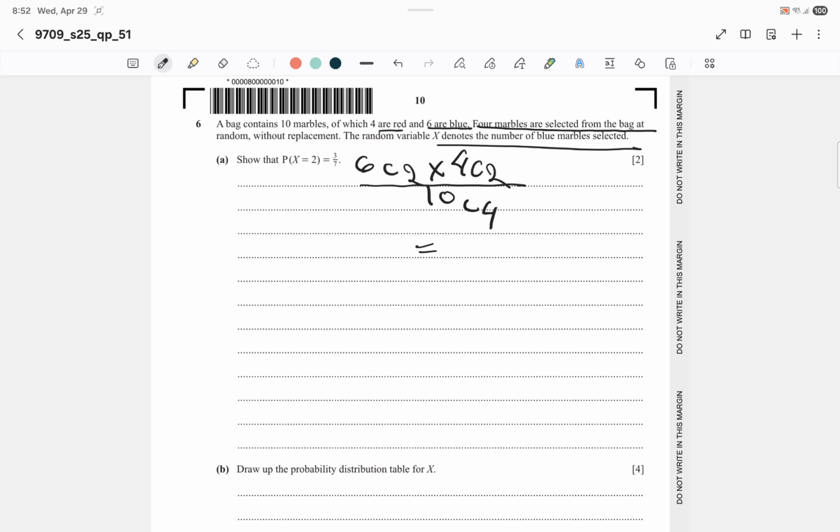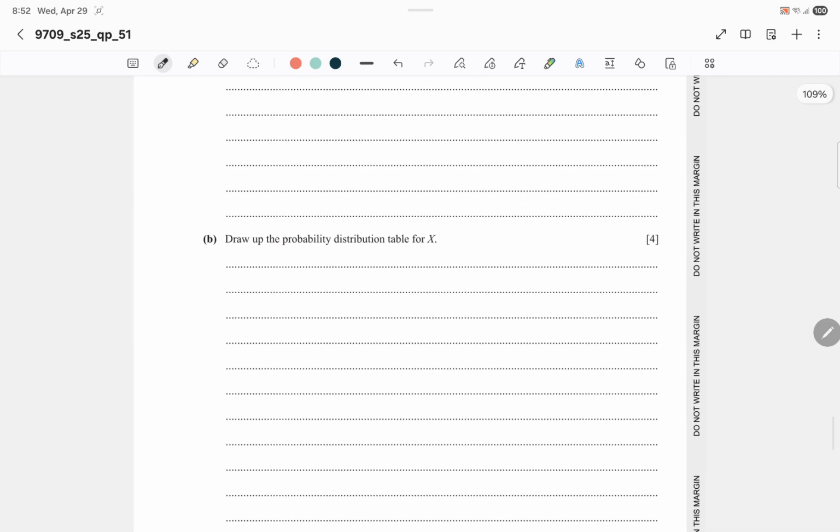Out of six blue marbles, you're selecting 2, and the rest has to be red, divided by the total, out of 10 marbles you're selecting 4. That's 10C4. You're going to get 3 by 7, which is your answer. 2 marks, guys, so think smart.